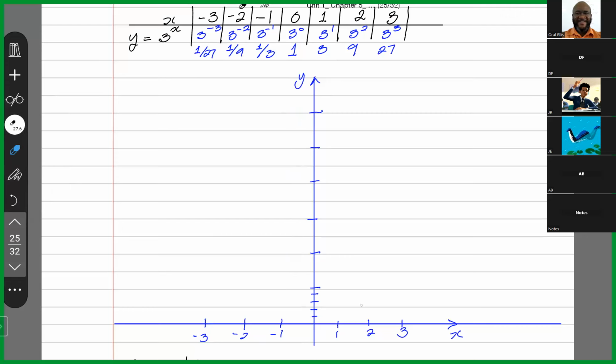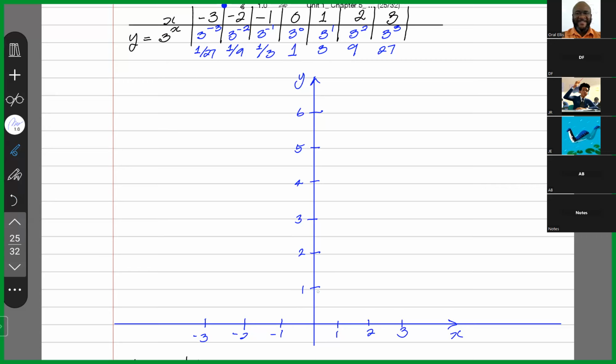Now I want to go 1, 2, 3, 4, 5, 6. So some of our numbers are not going to get included, but it's fine.